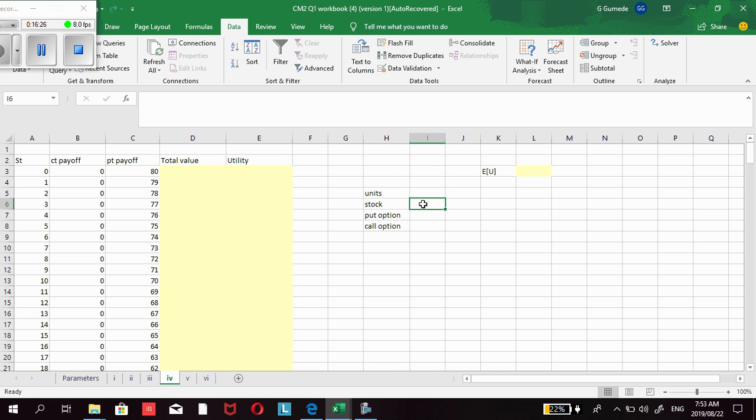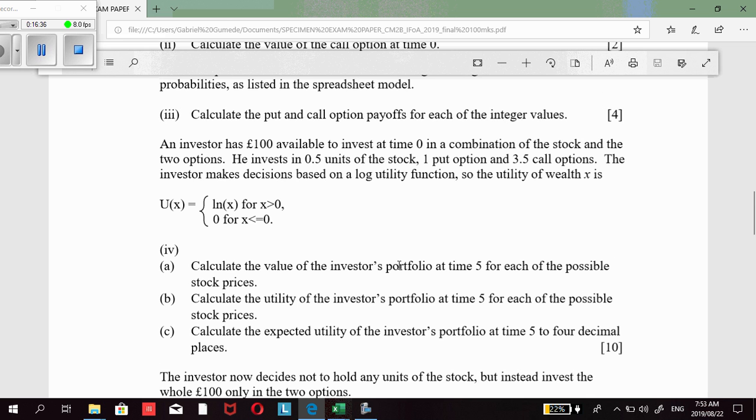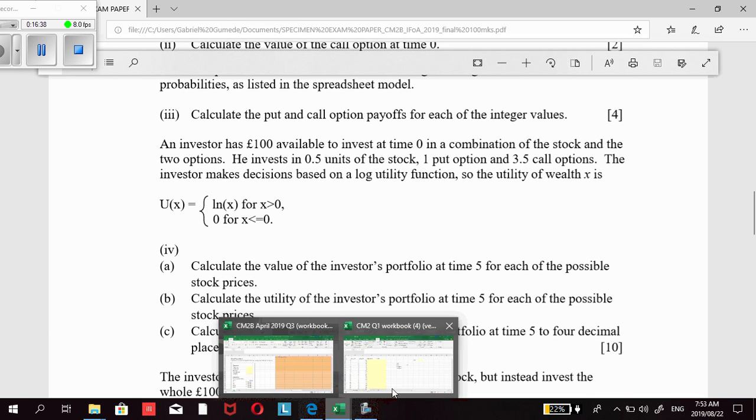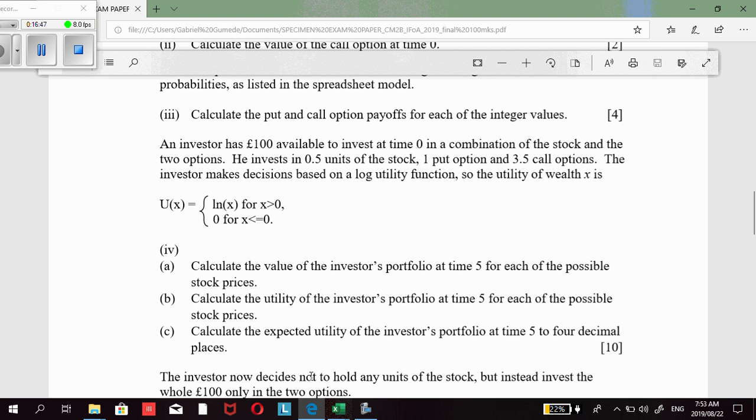So I've got 0.5 of stock. I've got 1 unit for a put option. I'm trying to make sure that I'm not copying the wrong thing. And I've got 3.5 for the call option.